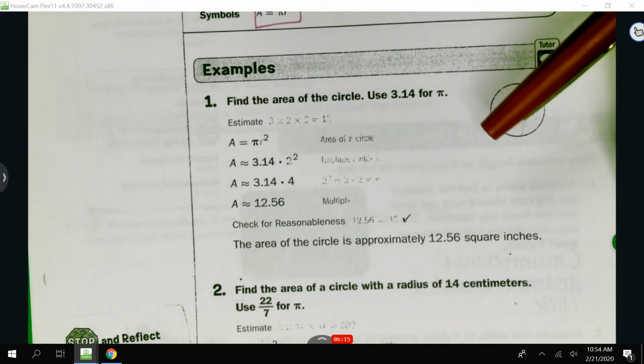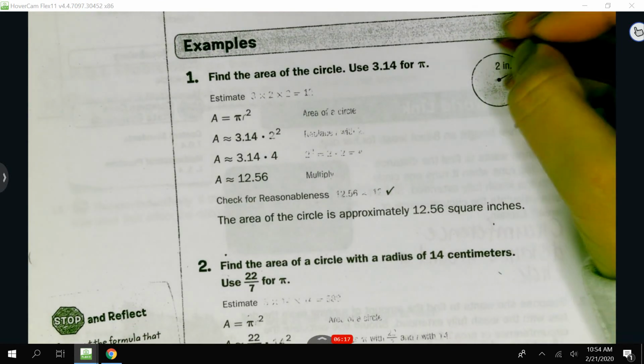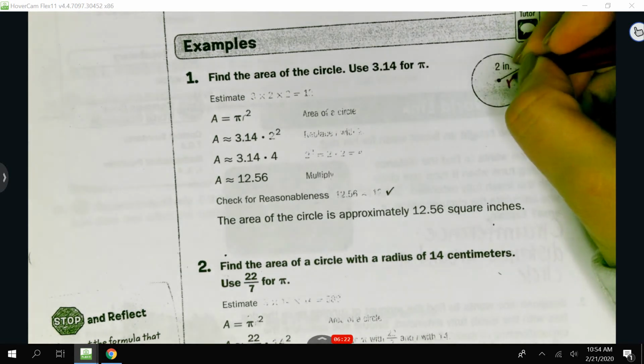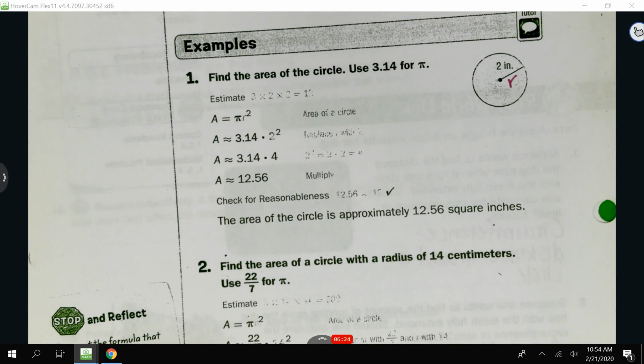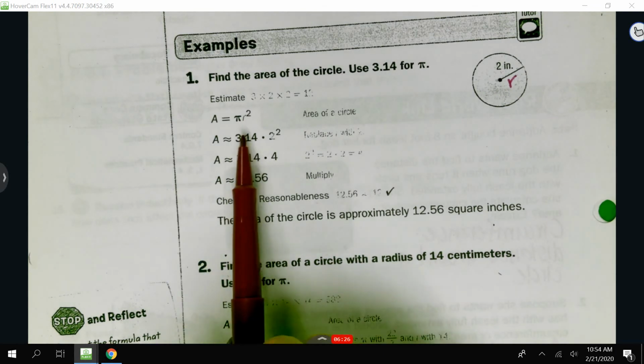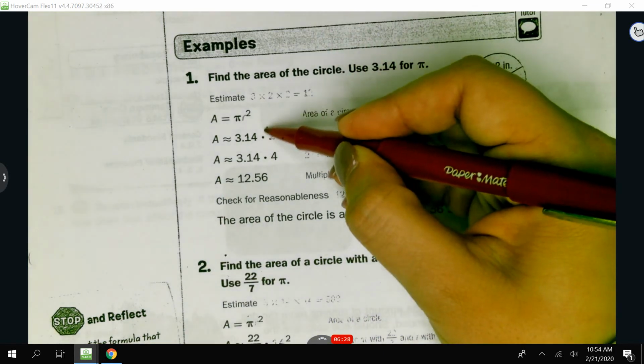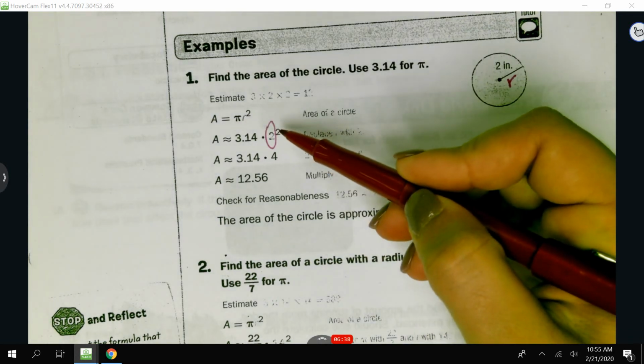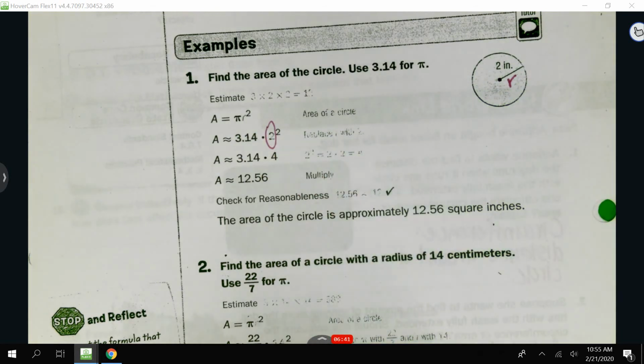Alright, so here's an example if I want to find the area of this circle. This 2 inches, is that a radius or a diameter? That's a radius, so you know R. Formula is pi r squared, so you just want to plug in that 2, which is your radius, for R. Using your order of operations, you do need to calculate the exponent first before you multiply by pi.